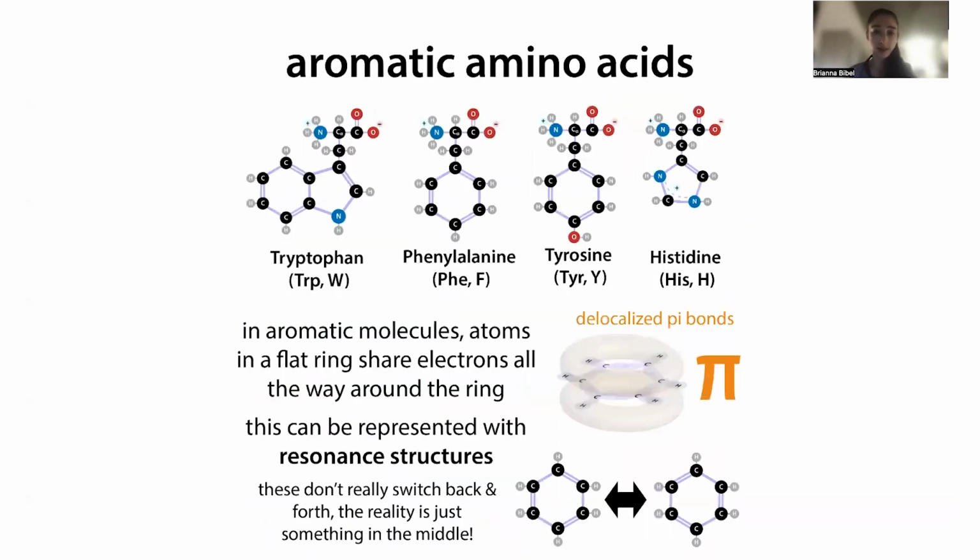There are basically four amino acids that have this resonance. When we talk about aromatic amino acids, we often just talk about tryptophan, phenylalanine, and tyrosine. Histidine is also aromatic, but we often focus more on its ability to be charged, which we'll talk about in a minute.